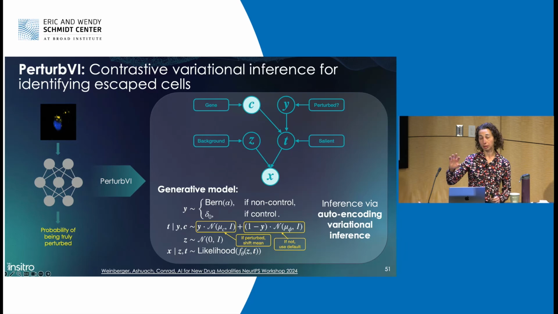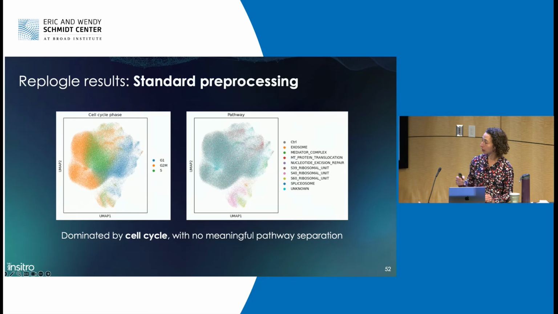For that salient latent space, we model it using a mixture of perturbation-specific Gaussians, and then there's also a default Gaussian that's capturing the effect of all the unperturbed cells. We learn the model parameters and infer which cells were perturbed versus unperturbed using variational inference. We'll start by looking at results on the Replogle publicly available omics dataset.